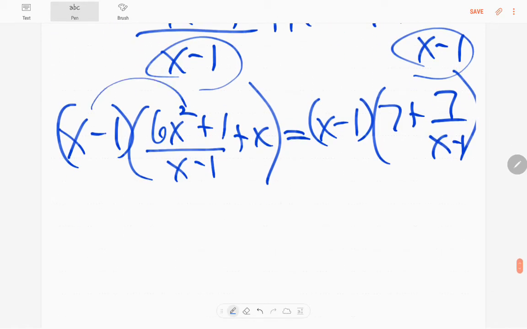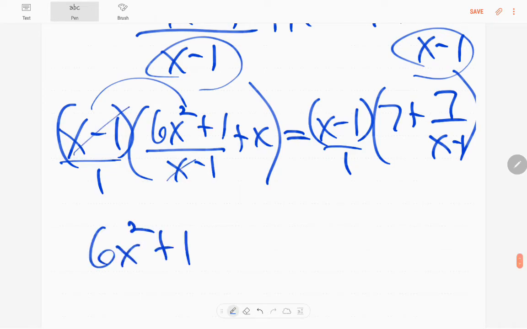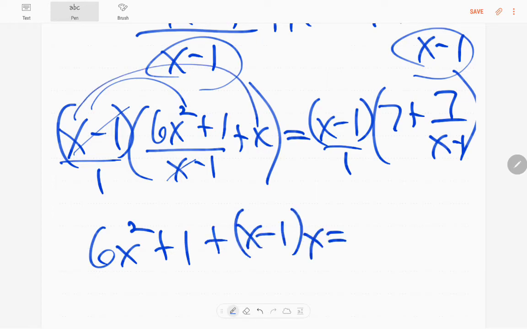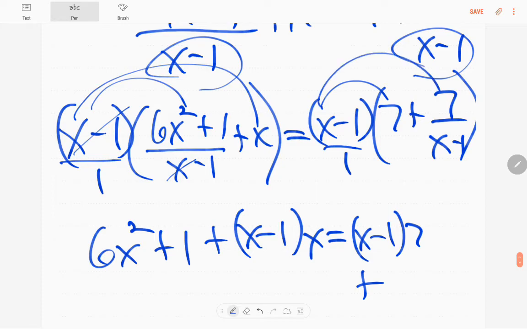So when you multiply these two together, just keep in mind the x minus 1 is on the top, so that'll cancel these two out, and I'll just get 6x squared plus 1. But nothing cancels out in the second product. It's just x minus 1 times x. And on the right-hand side, that's x minus 1 times 7. But in the second product, they cancel out, so you just get a 7.